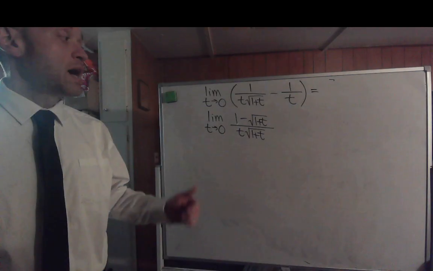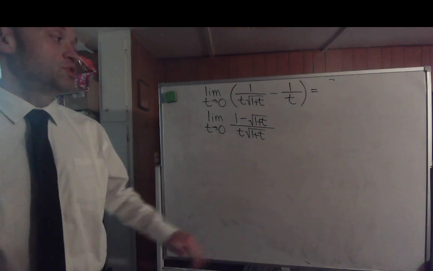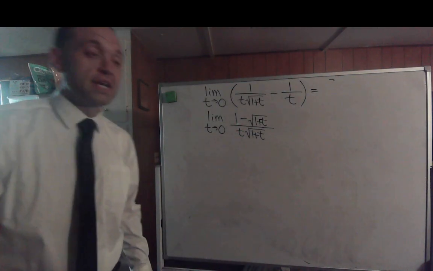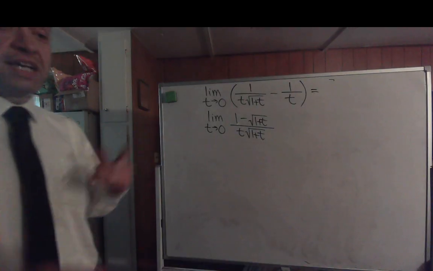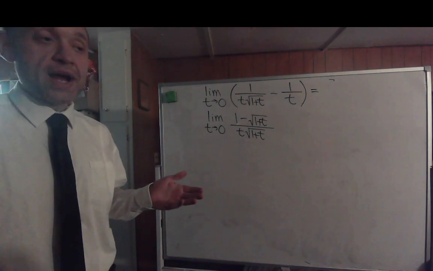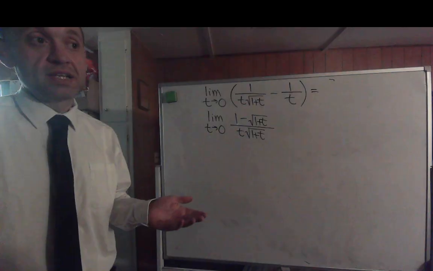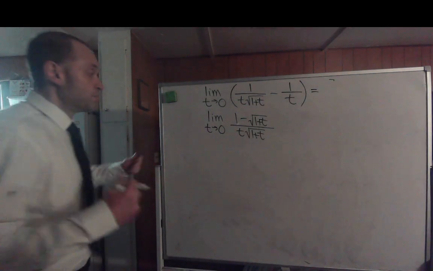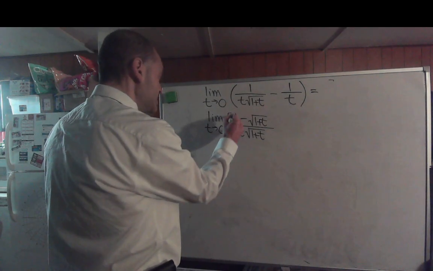But I'm definitely going to suggest you pick the numerator, and you'll see why in a minute. Identifying which one you want to rationalize takes some practice. If you do these enough, you'll get some practice. But let's rationalize the numerator.